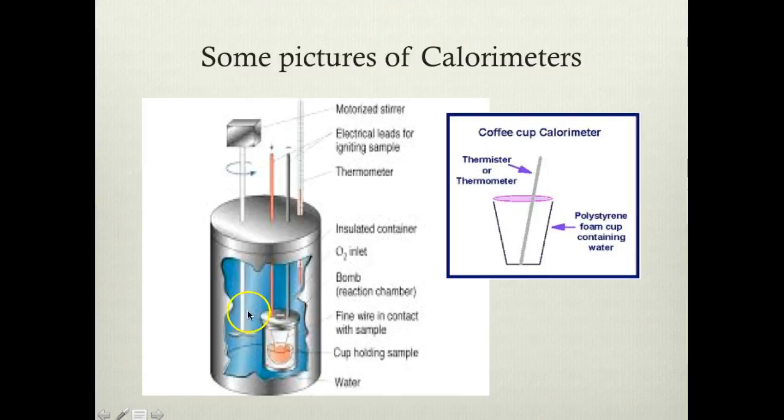Now you have a stirring bar in here to make sure that the heat is evenly distributed in the surrounding water and the walls. And then you will register this heat as a temperature change. So initially the temperature would be at room temperature, and then as the reaction proceeds here, as the burning goes to completion, you will see the temperature drastically rising up.